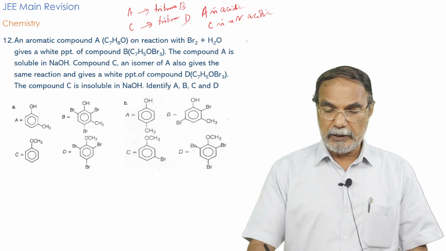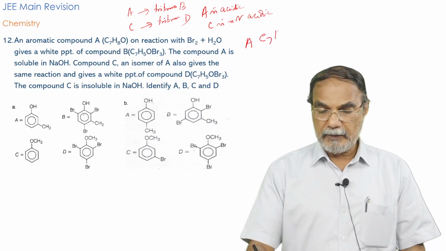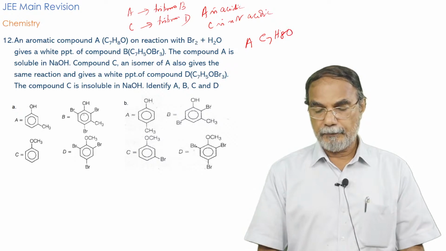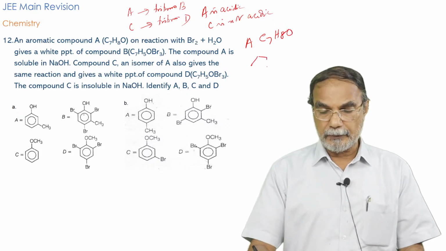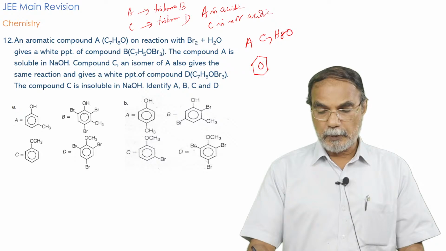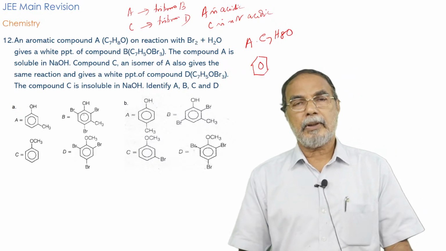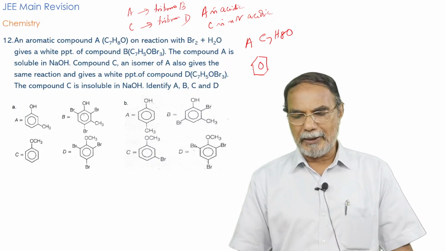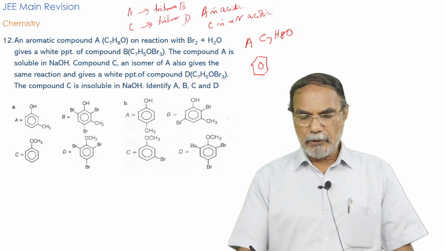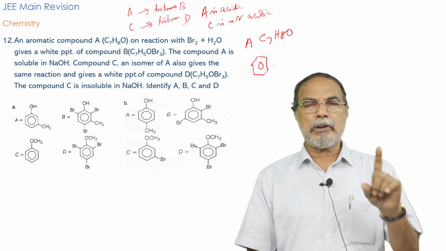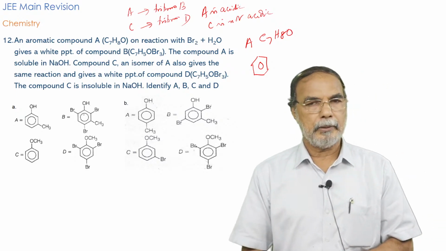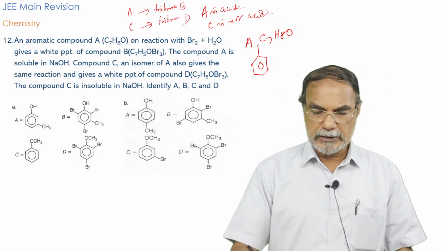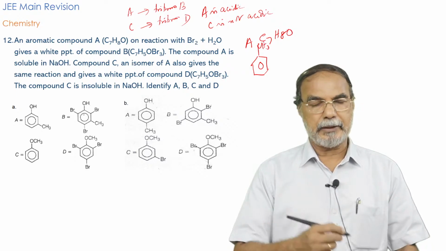A has the molecular formula C7H8O. It's an aromatic compound because the proportion of carbon is quite large in this case and the compound is most probably aromatic. If it is aromatic, the benzene ring is there, there remains only 1 carbon atom more. So 1 carbon atom more means you put a CH3 here.